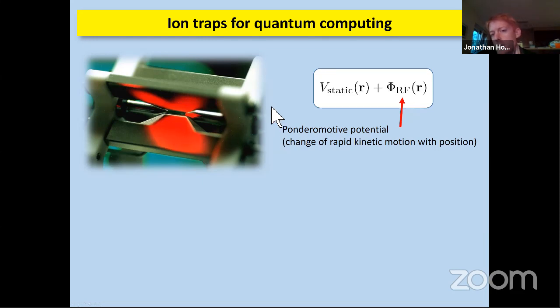The way these traps work is that at the center of the trap, the electric field from the radio frequency potential goes to 0. But as you go further away from the center, you get more and more driven motion from this RF electric field. And that effective kinetic energy is what provides confinement, i.e. at the center of the trap, there's no energy of that sort, and away from the center of the trap, there's much more. So it's a ponderomotive potential.